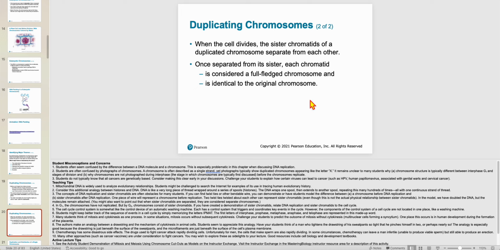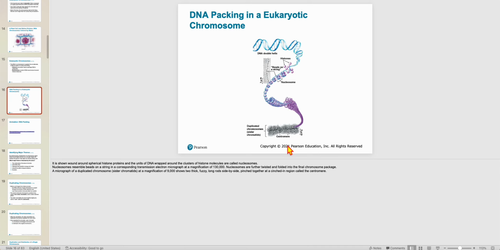All right, so again it says it's a full-fledged chromosome now, and each is now identical to the other. Now this word right here, chromatid: a chromatid is a single leg. So let me go back to our picture. See how they use it in parentheses?